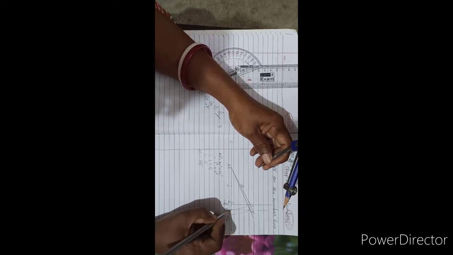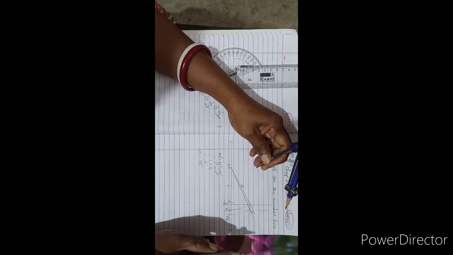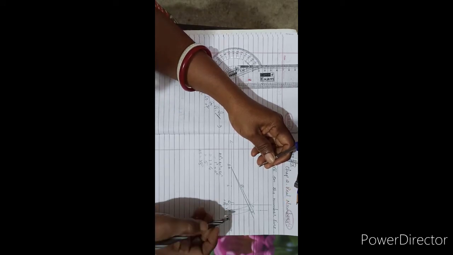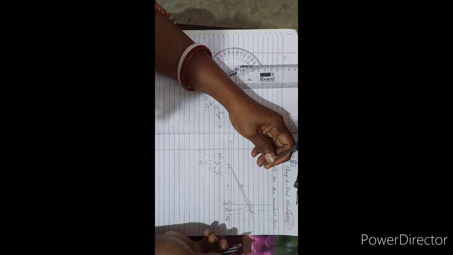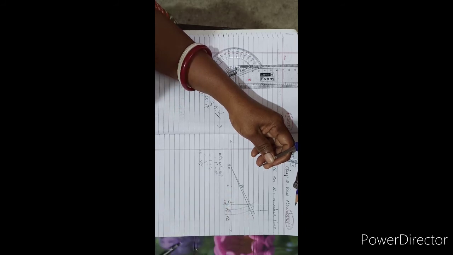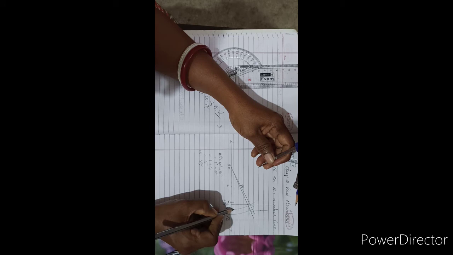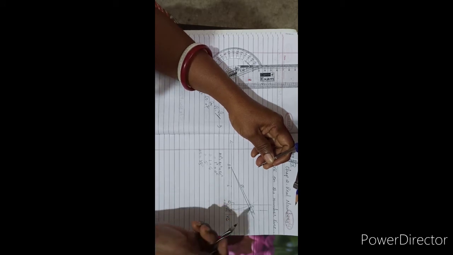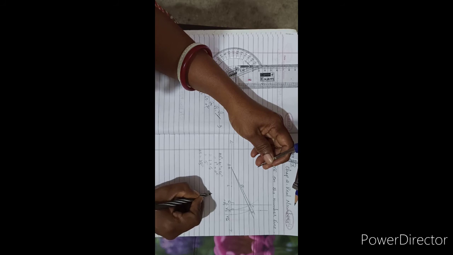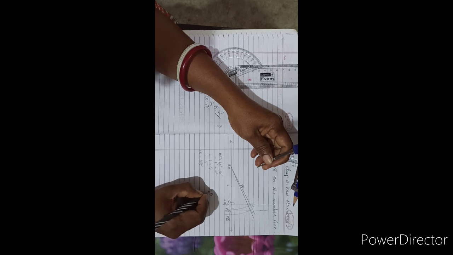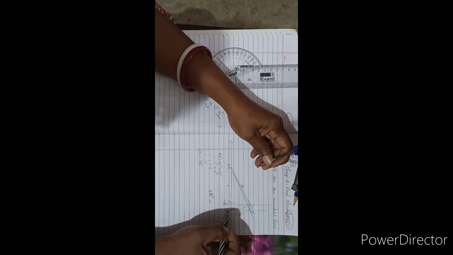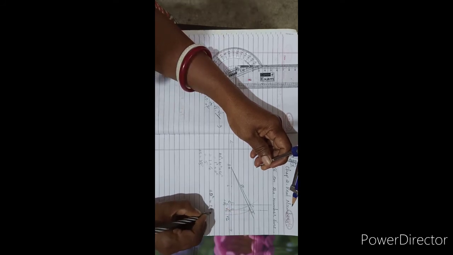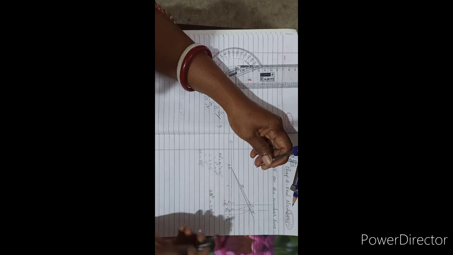Now you see, in triangle BDE, again this is 90 degrees. So BD square is equal to DE square plus BE square.